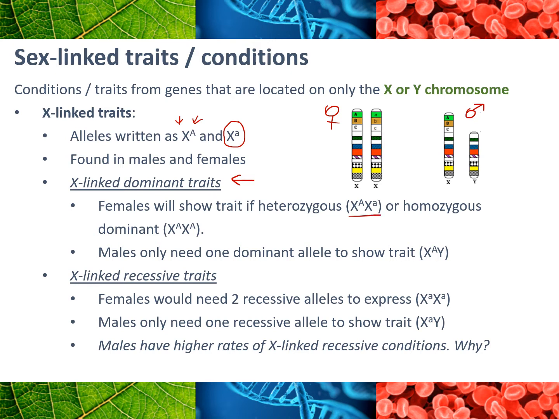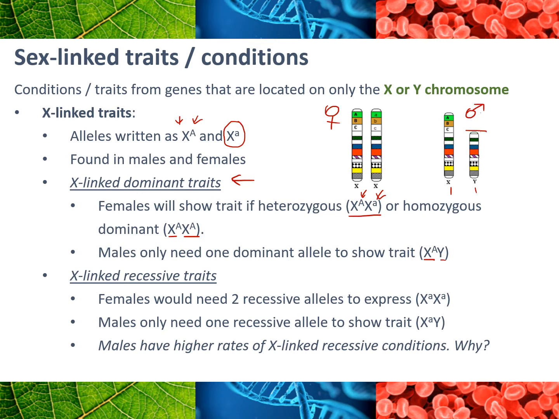Females have two X chromosomes, so they've got one dominant and one recessive allele, or if they're homozygous dominant, two dominant alleles. Males have one X chromosome and one Y chromosome. For a dominant trait, males just have to have that one dominant X chromosome and then also their Y chromosome. You'll notice up here that the Y chromosome is actually much shorter than the X chromosome.